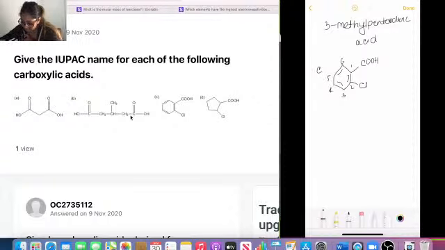Since this is a benzene ring, the parent chain would be a benzoic acid. To point out the substituents, this is on the 2nd carbon, so we can say 2-chlorobenzoic acid, right?